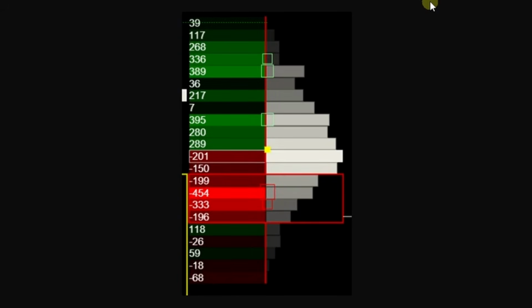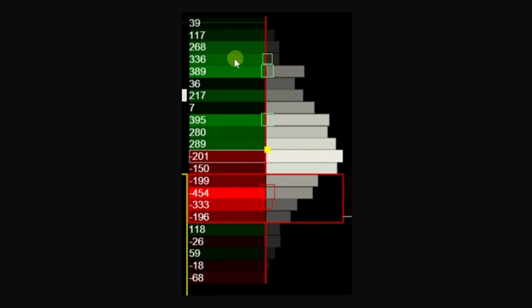So as we are pushing into that zone of all of these limit sells, we are market buying into them, which therefore makes the delta look overly bullish because the delta is showing a lot of market buys.